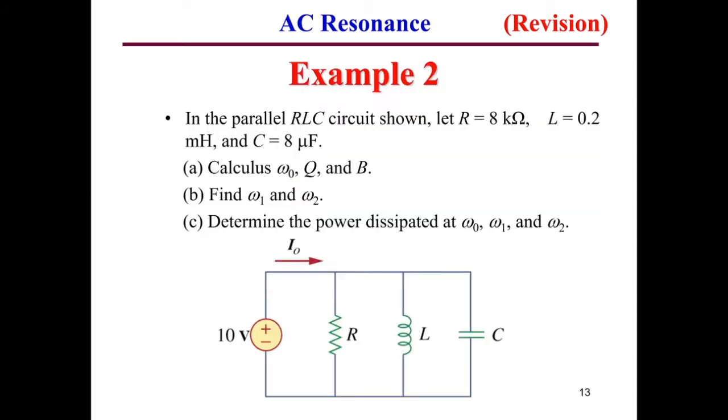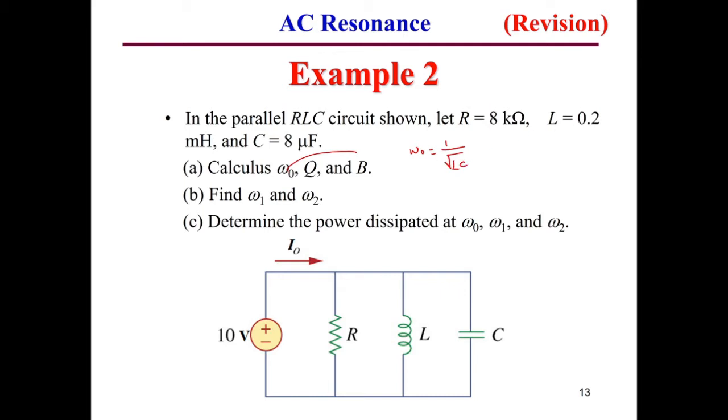Okay, in this parallel circuit, R, L, and C are given. We are asked to calculate the resonance frequency. So omega naught will be equal to 1 over root LC.